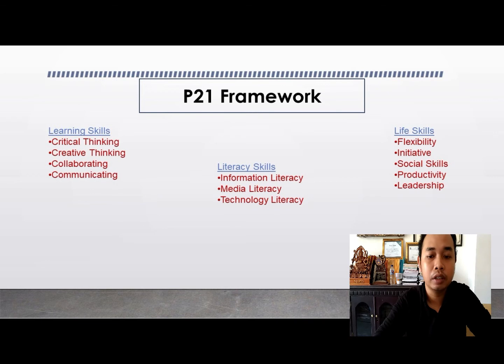For the learning skills, here I provide problem solving and critical thinking skills, creative thinking, collaborating, and also communicating.